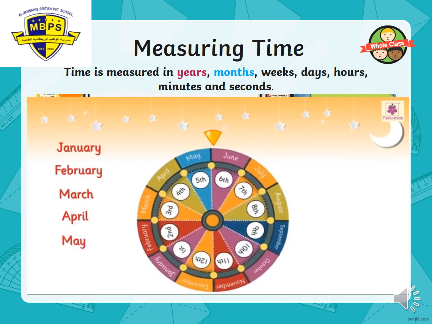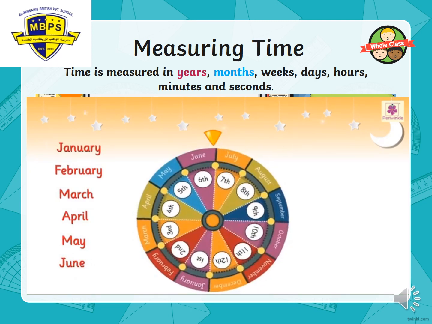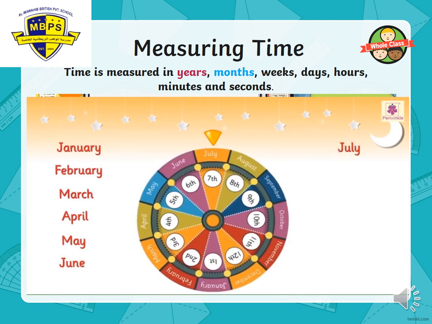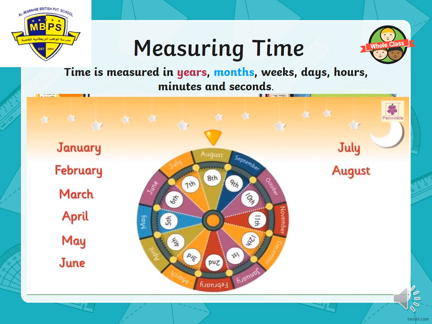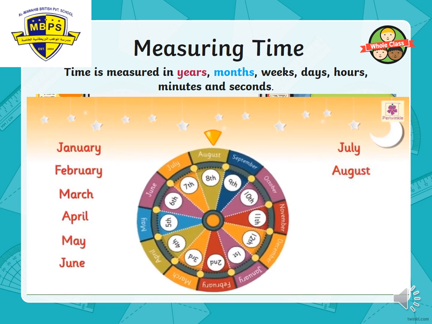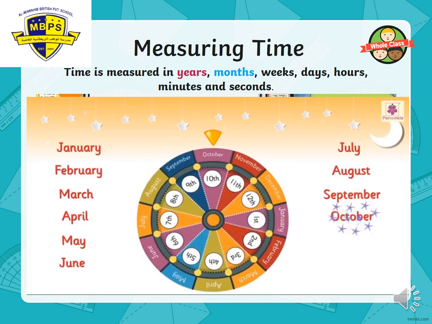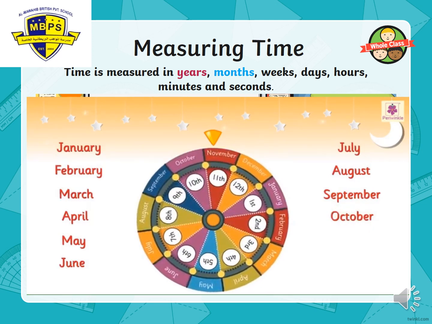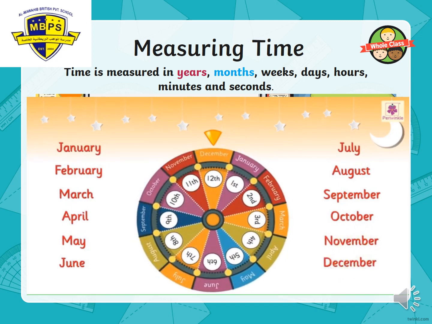The sixth month is June. The seventh month is July. The eighth month is August. The ninth month is September. The 10th month is October. The 11th month is November. The 12th month is December.